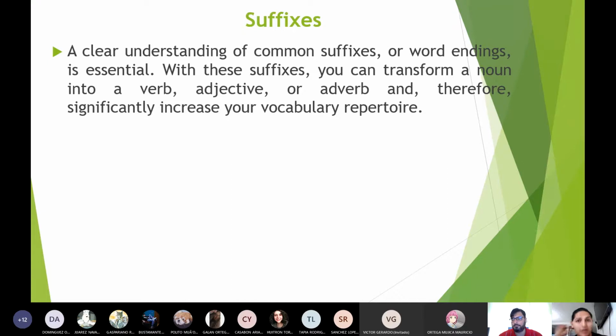Let's say that we learn some suffixes by heart, using memory related strategies that are to be explored in a different session. Well, if you do that, you're going to be connecting theory with practice.